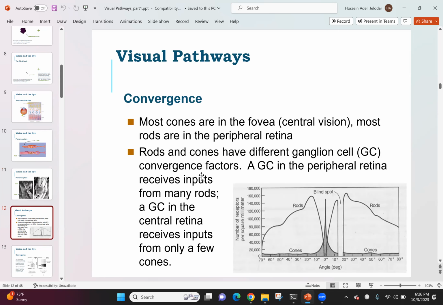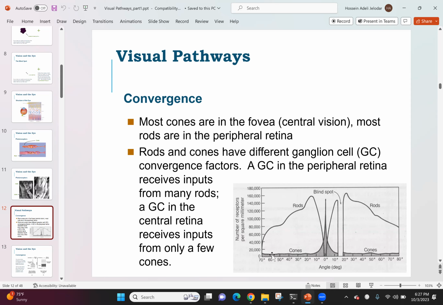This is the distribution. So if the angle is 0, the point that you're looking at, that's always the foveal point. So if I'm looking at the tip of my index finger, the visual information from here reflects on my fovea. That's what it means, right? That's your fixation point. That area of the retina is packed with cones.